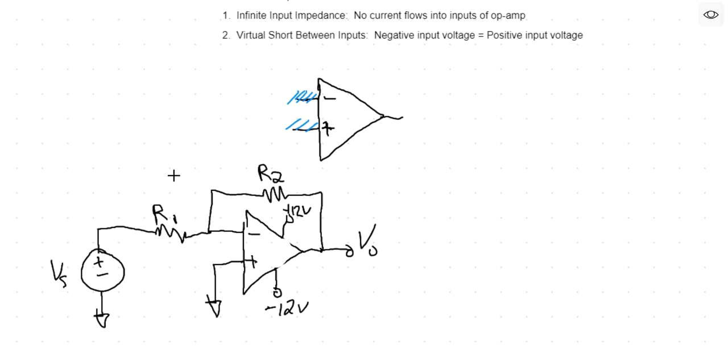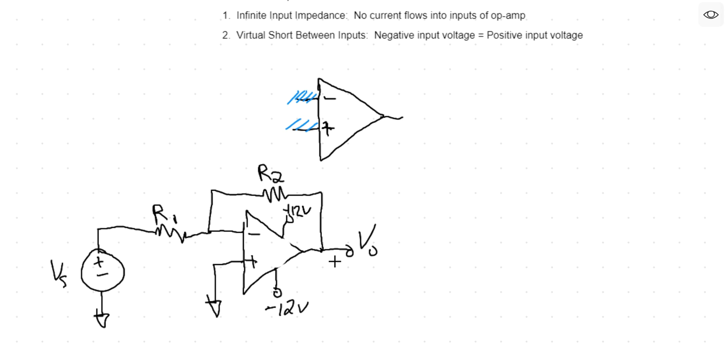So 1 volt would come in from VS, go through this circuit, and by the time it comes out, that 1 volt would look like 10 volts. In fact, it would look like negative 10 volts because it's being fed into the negative input. We would call this an inverting stage, and so we would get negative 10 volts out.